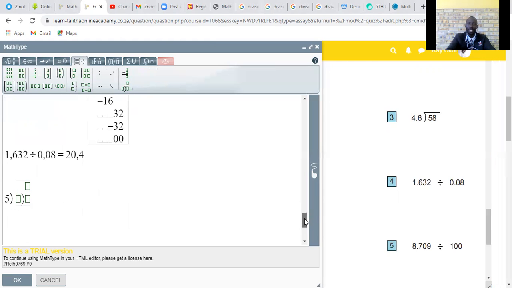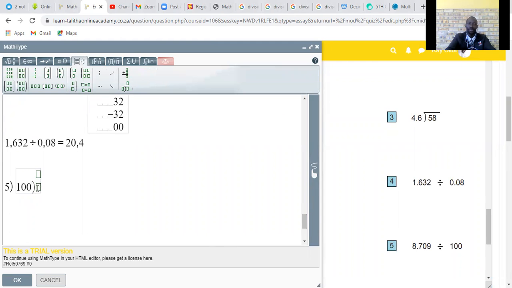The division by 100 of 8.709. How would you do it? Well, that is the task left for you. Please work on that and submit your solution.